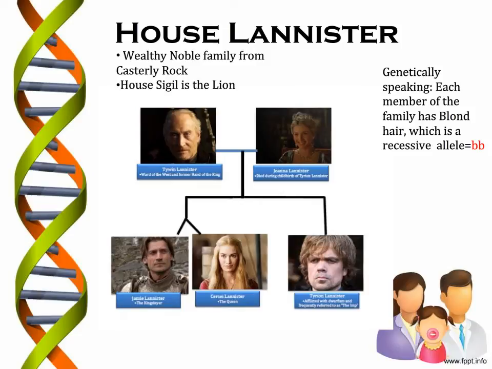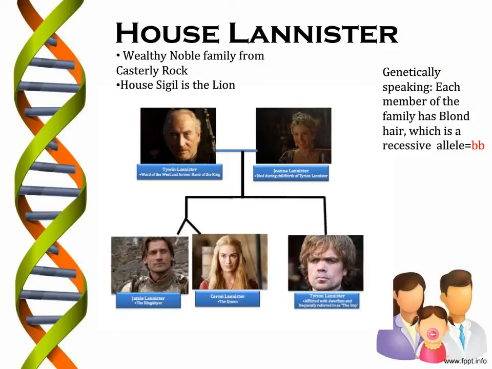Next, we're going to meet the House of Lannister. Their house sigil is the lion. The father's name is Tywin Lannister. He's a very important man who has held a lot of important titles, the Warden of the West and a former Hand of the King, a very important position. He was married to a woman named Joanna.